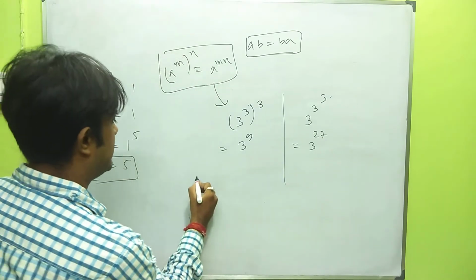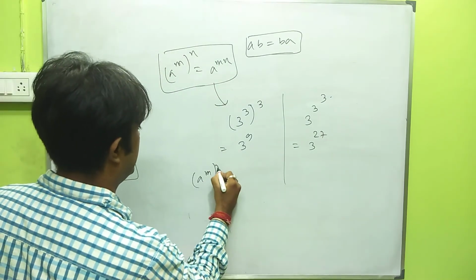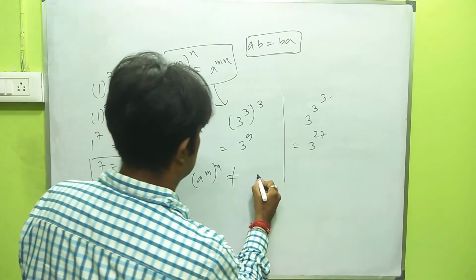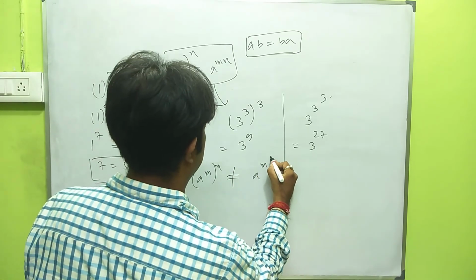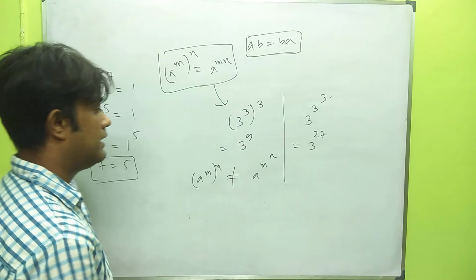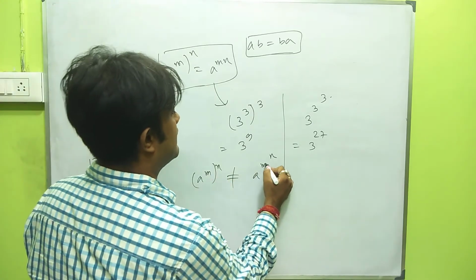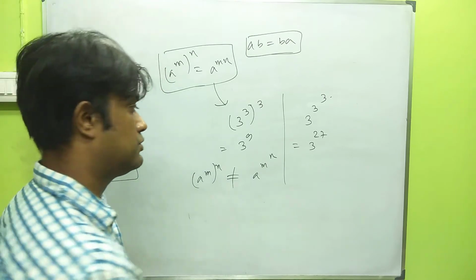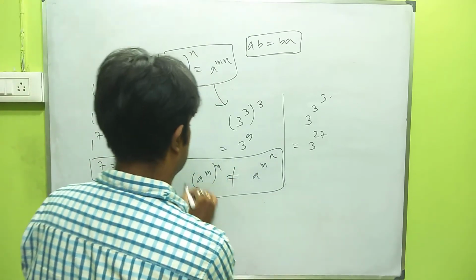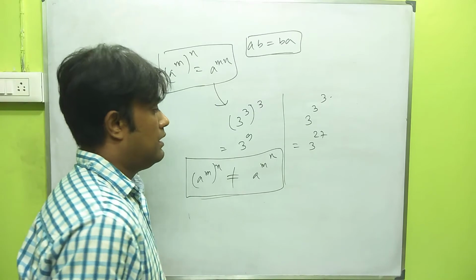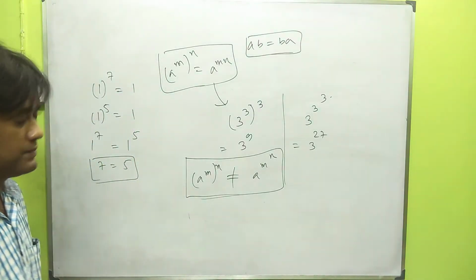So a to the power m to the power n is not equal to a to the power m^n. A to the power m^n is not equal to (a^m)^n. So why it is not true, it is very clear for you also.